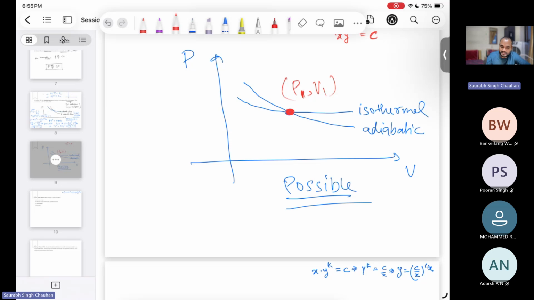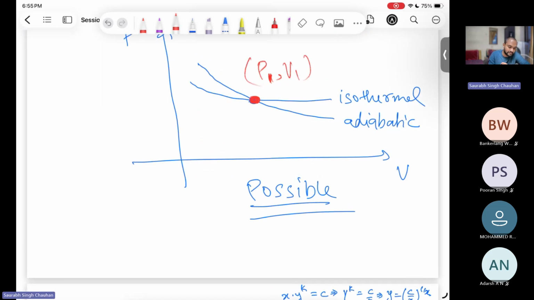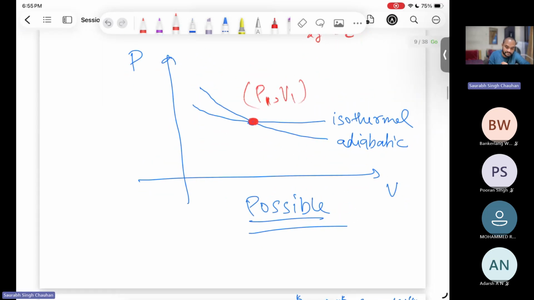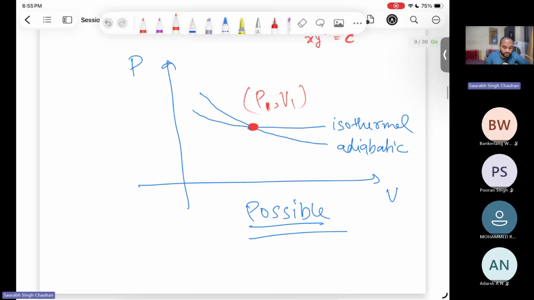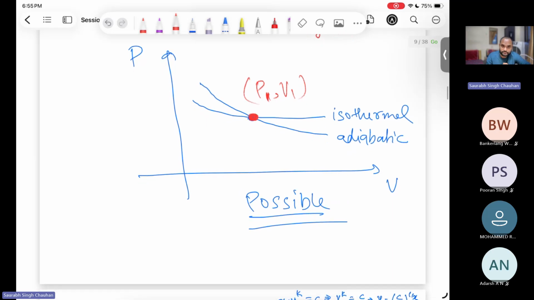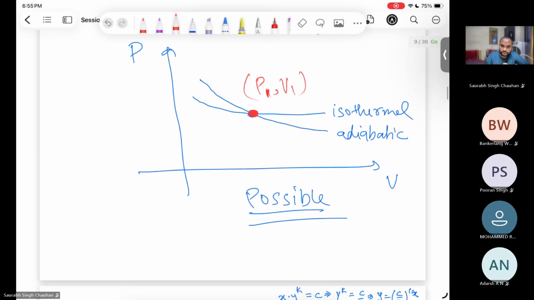Two isothermal curves will not intersect. That's why I was not bringing in this mathematics, because that will require a separate discussion. But you get the point why they will not intersect, right?